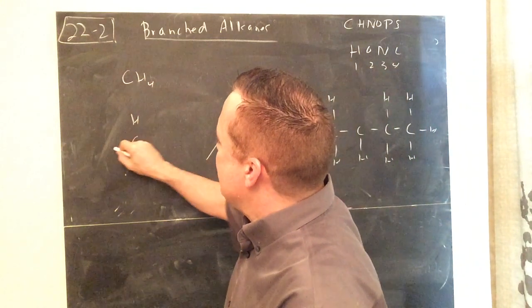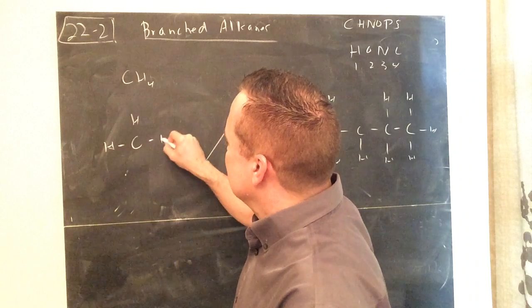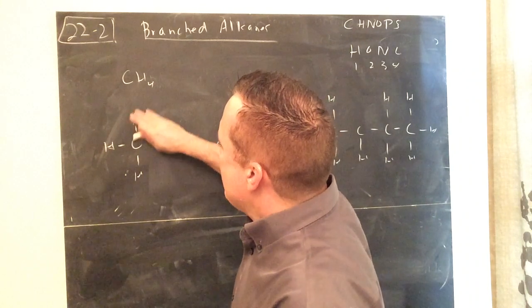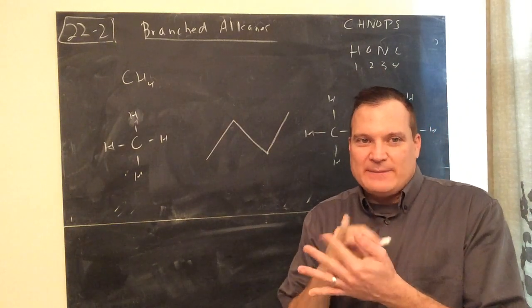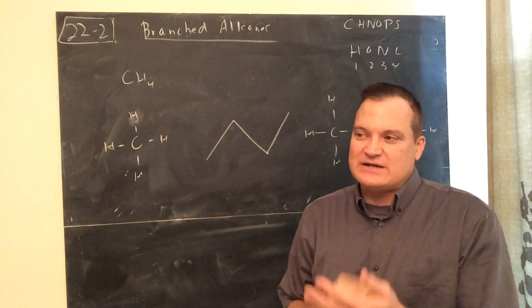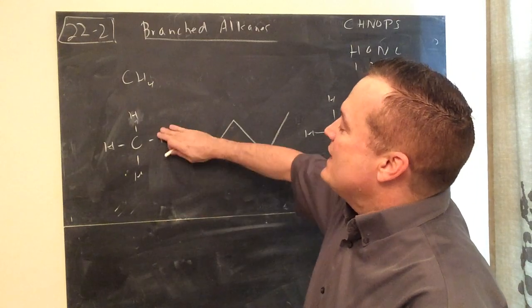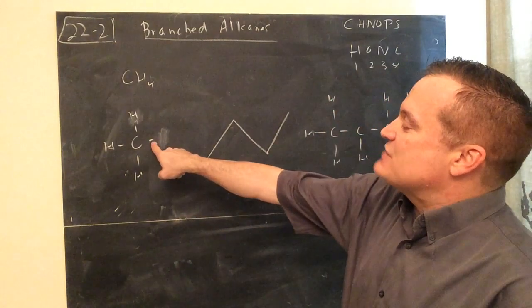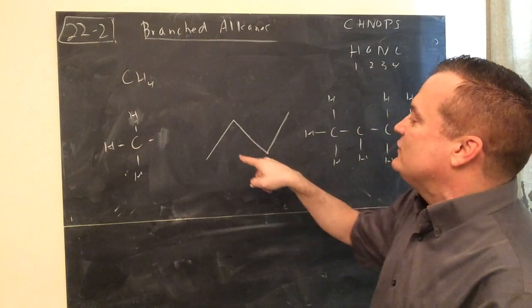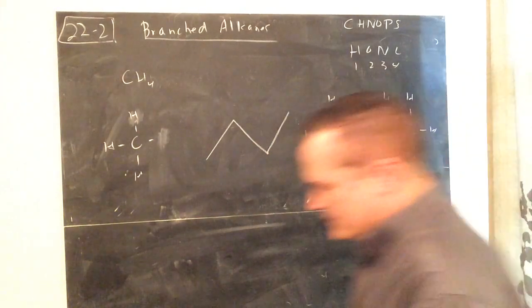Methane is C with H, H, H, H. Well, it turns out every one of the groups, methane, ethane, propane, butane, pentane, hexane, heptane, octane, nonane, and decane, can turn into a group if you take away one H. Take away an H, and now that carbon can bond to anything you want. I can bring the carbon over here.